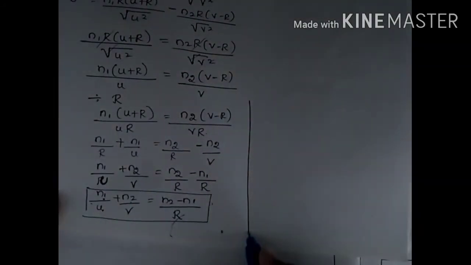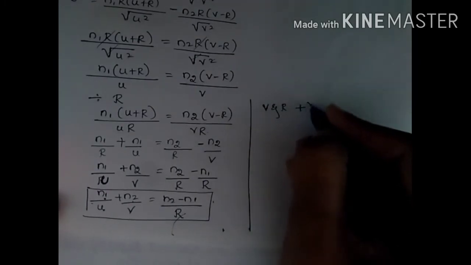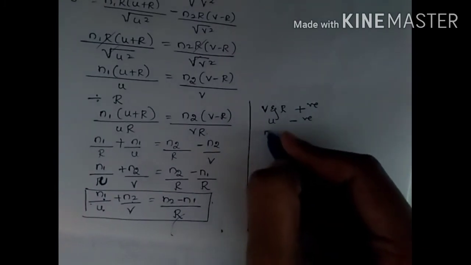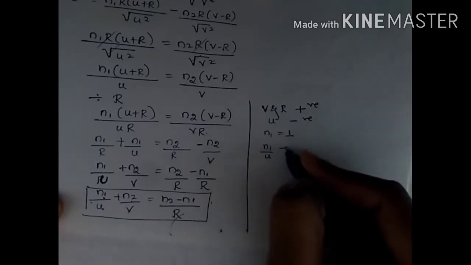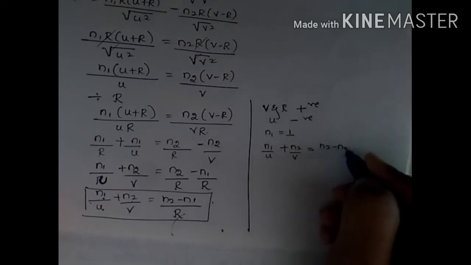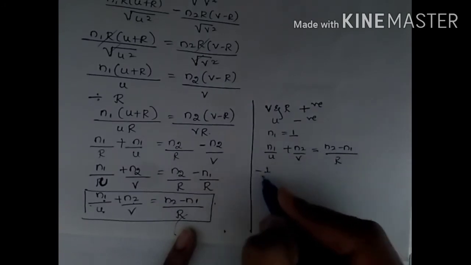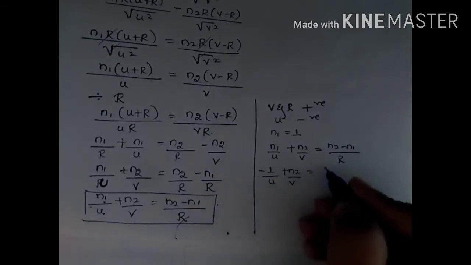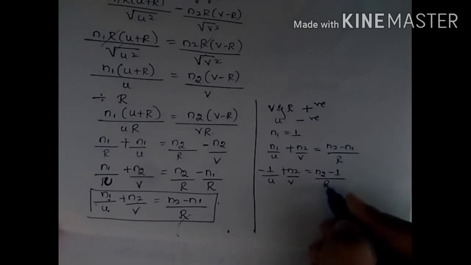According to the sign convention, if v and r are positive and u is negative, and the first medium is air, then n1 will be 1. Then what will happen to the equation? n1 by u plus n2 by v equals (n2 minus n1) by r. Now substitute u negative: minus 1 by u plus n2 by v equals (n2 minus 1) by r.